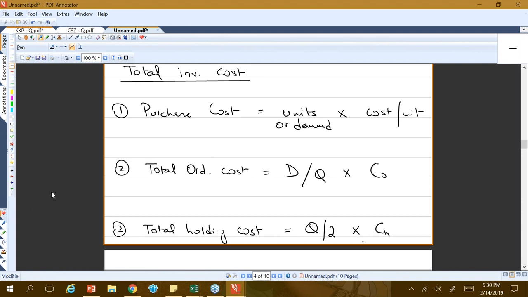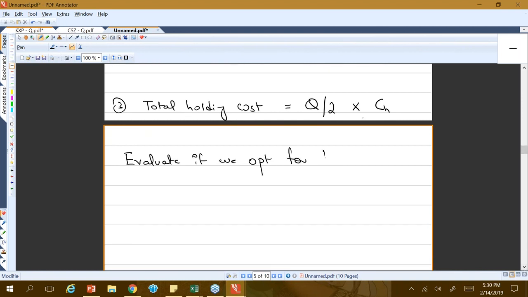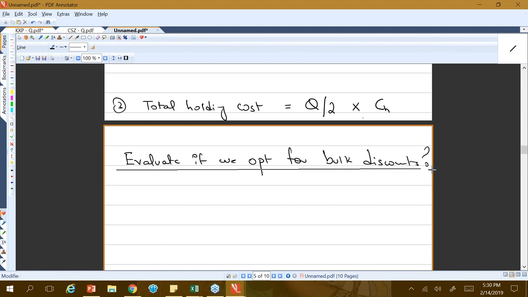Now, another thing here is that the examining team sometimes asks us to evaluate if we should opt for bulk discounts. Now, bulk discounts are the discounts given.